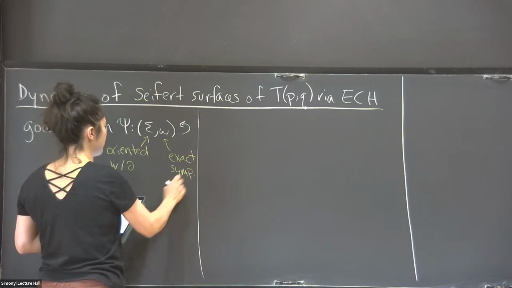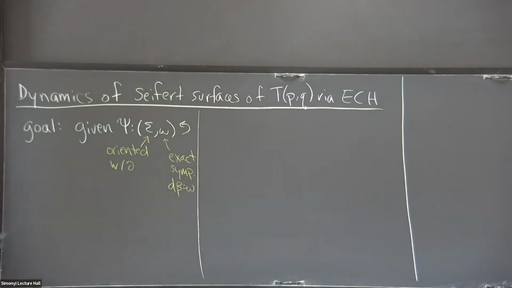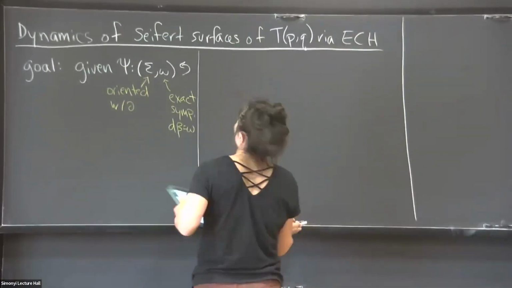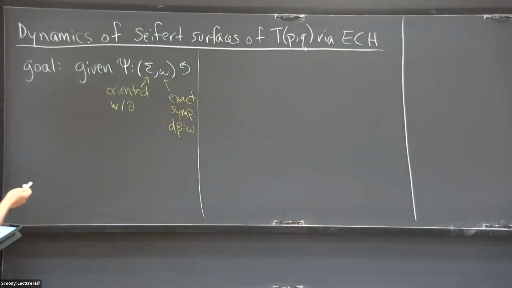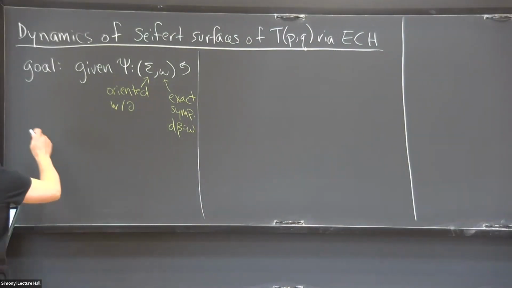I'll call its primitive beta. So I'd like to know some very fundamental things about it. There's been work on this by a lot of people, for example Franks, Handel, and a bunch of other people who I'll cite throughout the talk.